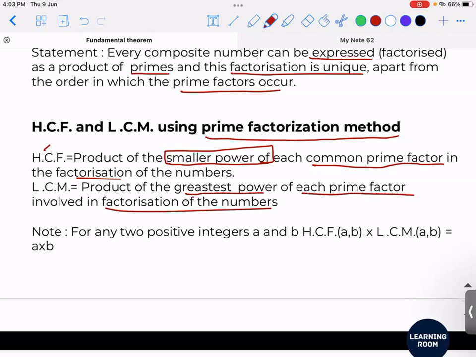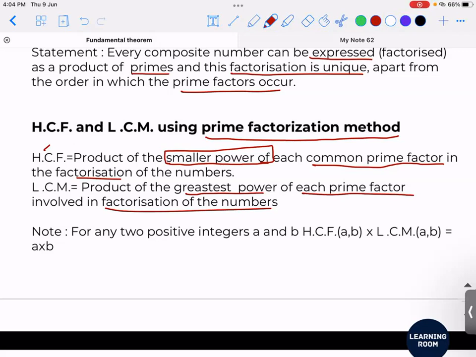And most importantly, I'm sure you would have known this fact already. If you have two numbers, and for those two numbers you are finding HCF separately and LCM separately, then the product of the HCF of those two numbers and the LCM of those two numbers will be what?